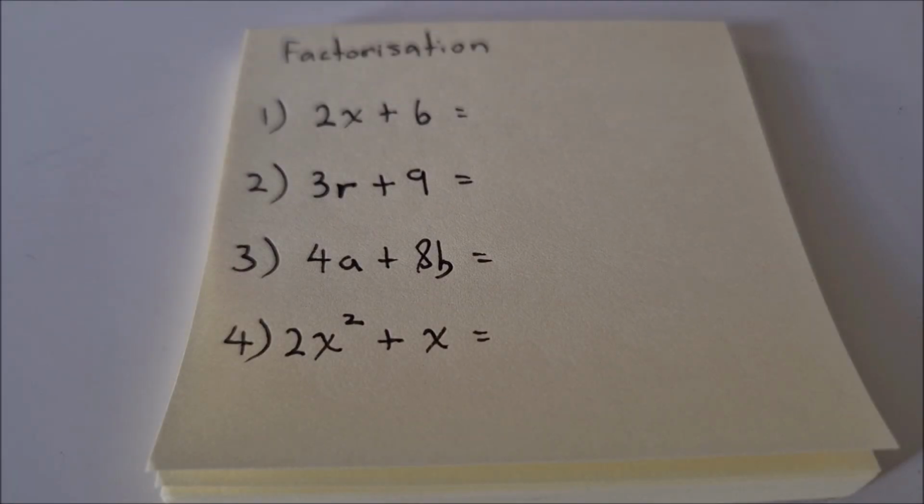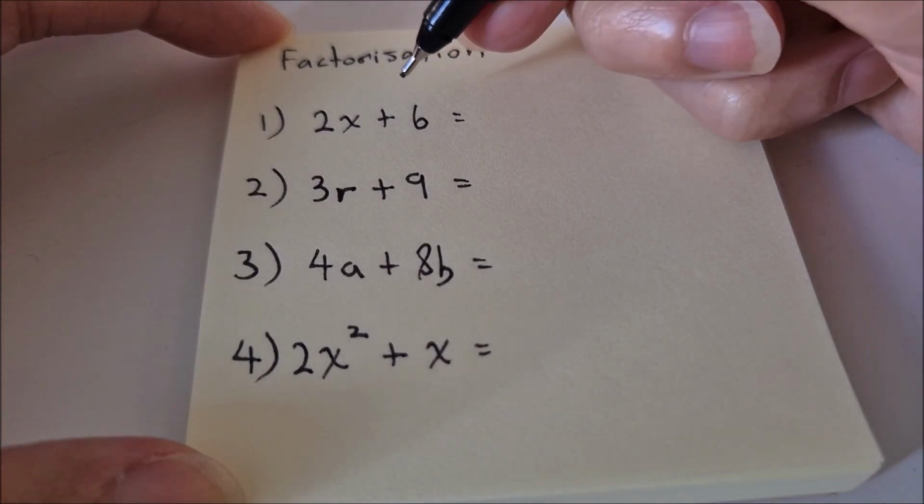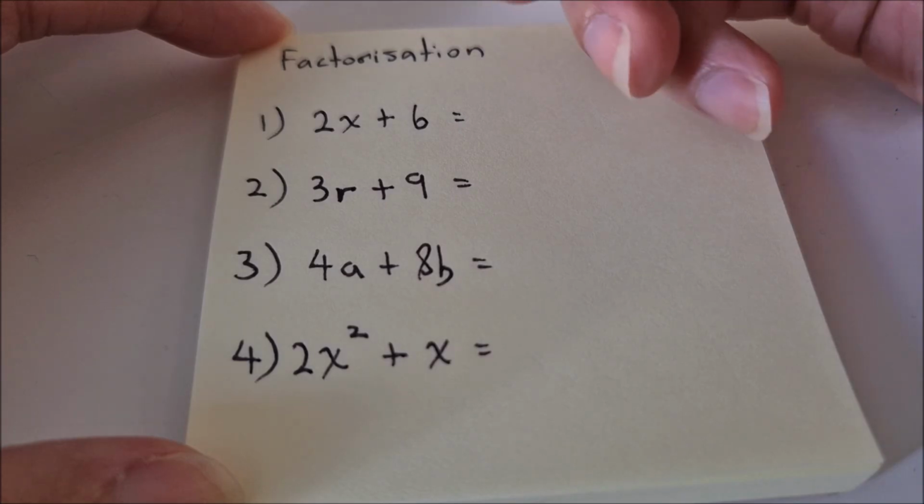Okay, here are my examples for factorization. Now, it's always more difficult to factorize than expand. So what is our main method of factorization? It's about finding the highest common factor.